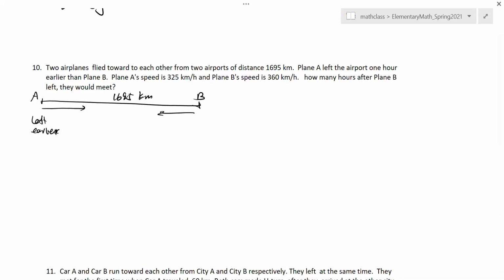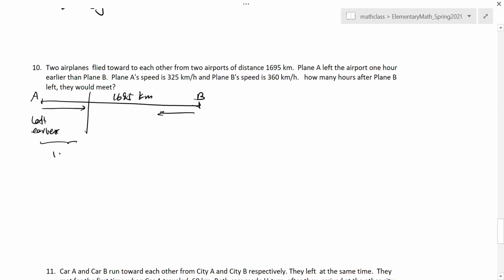What we can do is first find out where plane A is after 1 hour, so how much distance it traveled.